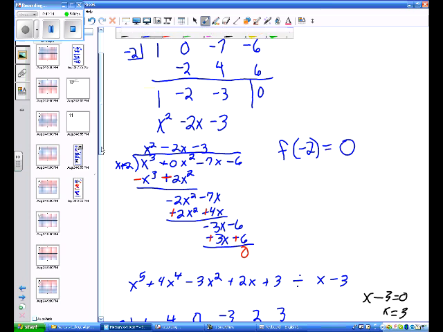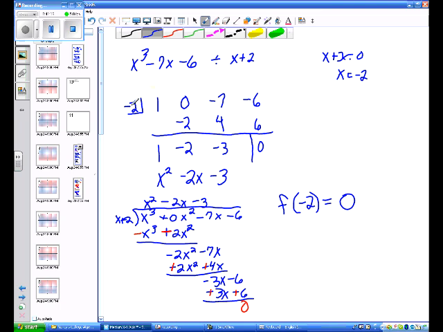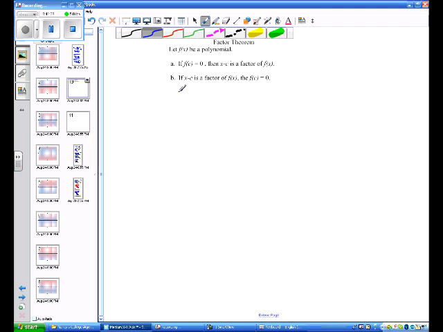So if we had taken our function and plugged in negative 2 for x, we would have gotten 0. So that means that x plus 2 is a factor of this polynomial. And our quotient is our other factor. So with this, we've got a very important thing that we can go through and look at.